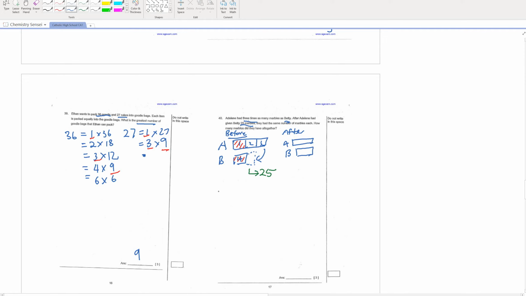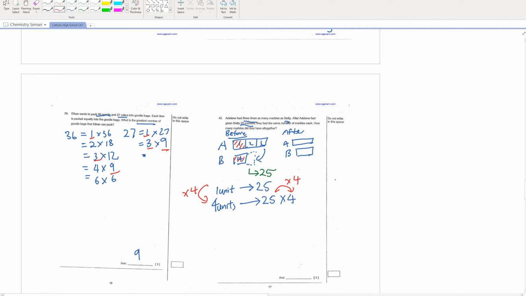So we know that 1 unit represents 25 marbles. This means that 4 units must be 25 times 4. When we multiply 4 on the left hand side, we also multiply 4 on the right hand side.